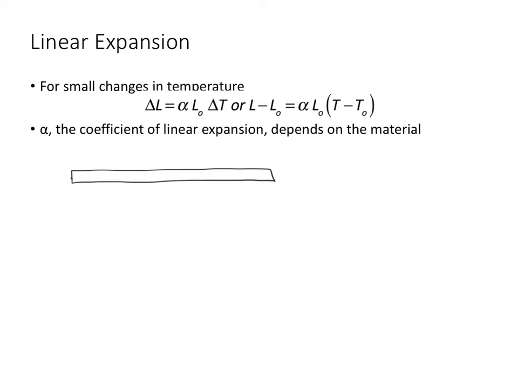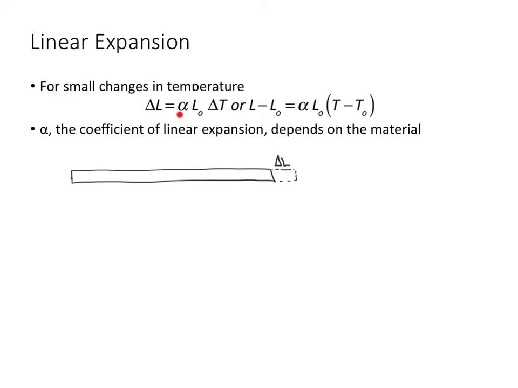And so as this gets hotter, the particles take up more space, and so it expands, it gets longer. And this delta L, this change in length, is given by this equation here.